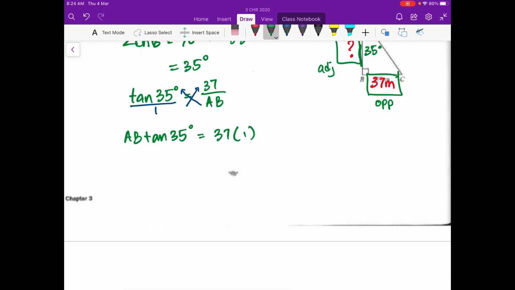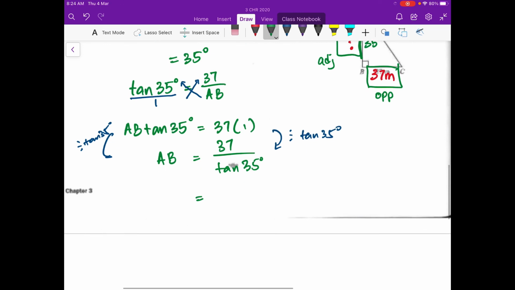Now I only require AB. So I need to remove the tangent 35. I do so by dividing both sides by tangent 35. And we end up with AB only, which is 37 over tangent 35 degrees.